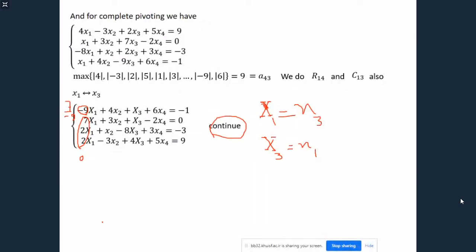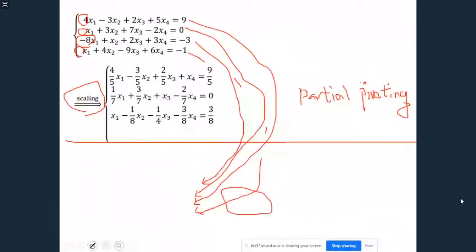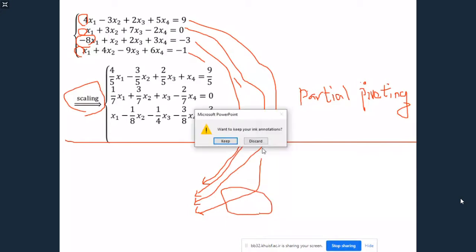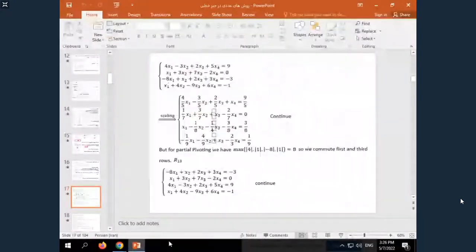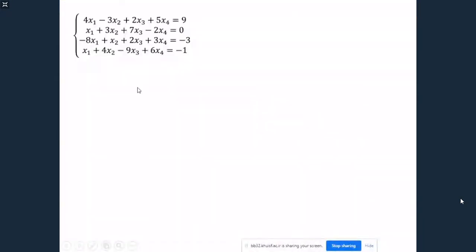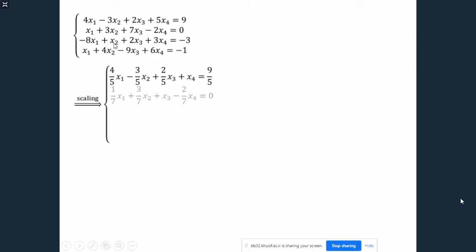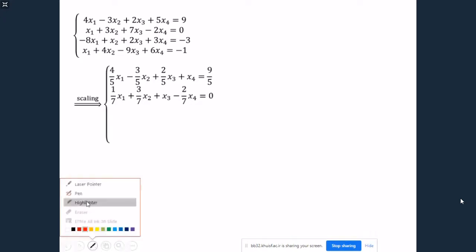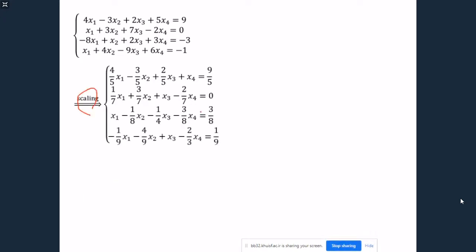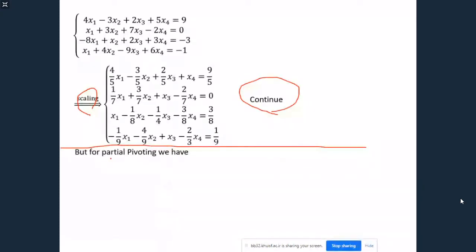So let me explain all of them again. We have an example. First one with scaling, we have this system. We can continue in any mode, I mean partial pivoting or complete pivoting. Without any scaling, we can do partial pivoting.